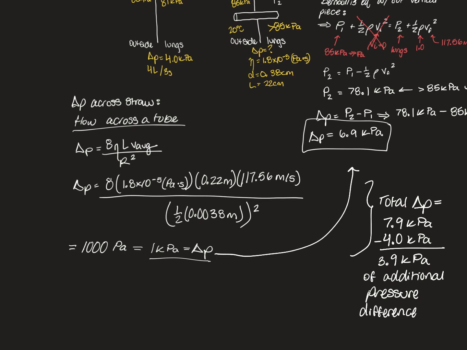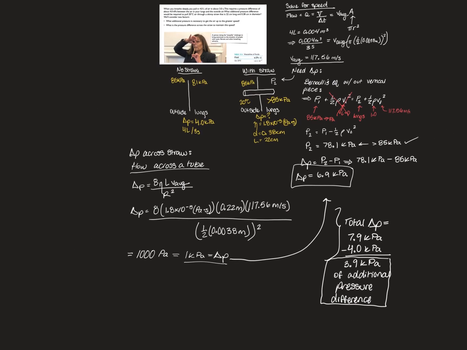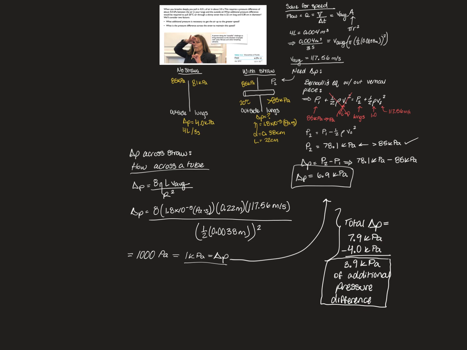And this is a pretty good amount. I mean, that's 3,900 pascals of pressure, right? You could convert that to PSI if you wanted to, but I think that this makes sense because it does require a bit of extra pressure. We can see that the pressure inside your lungs has to be significantly greater with the straw than without the straw.